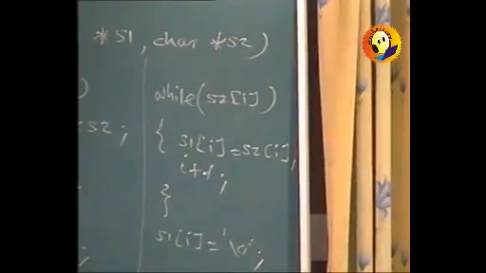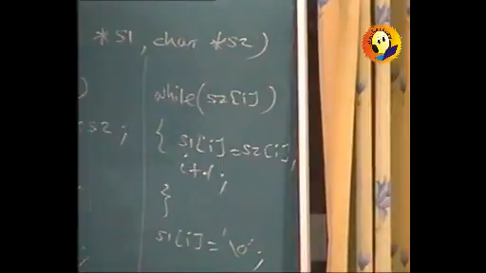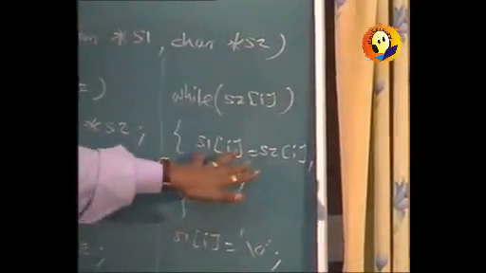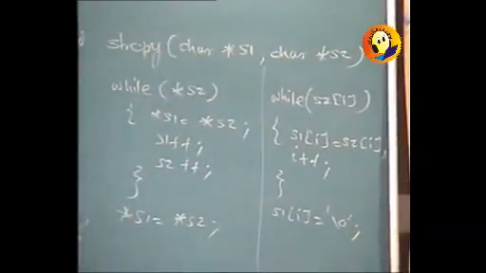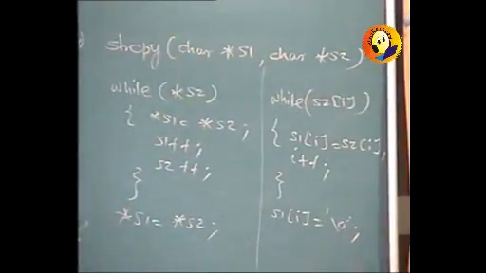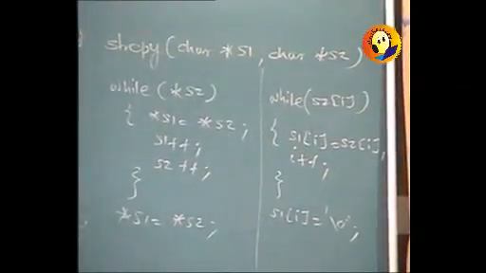Effectively, here there was only one increment, here there are two, but then there are so many accesses, which are repeated, and every access will result in a multiplication and addition. Calculation of offset, adding that offset to the base address, getting the memory location and fetching or storing the data.